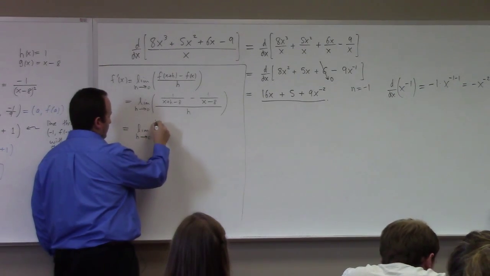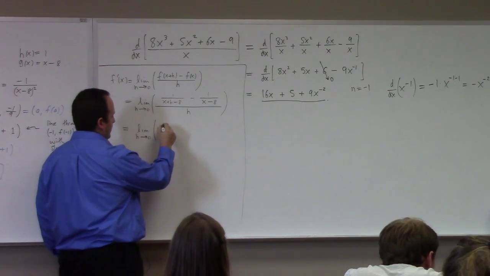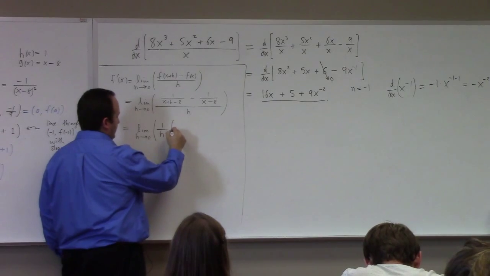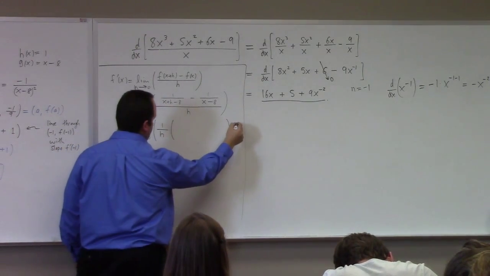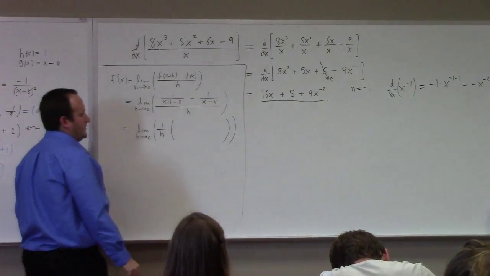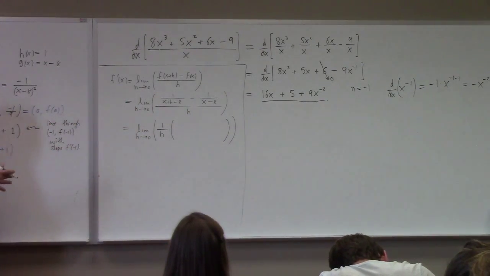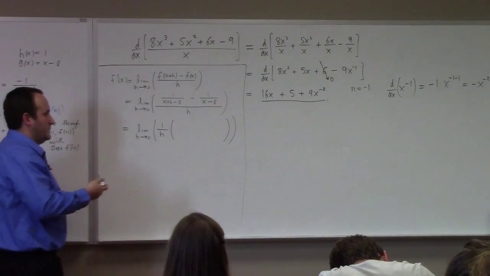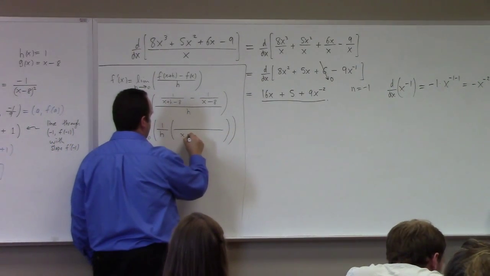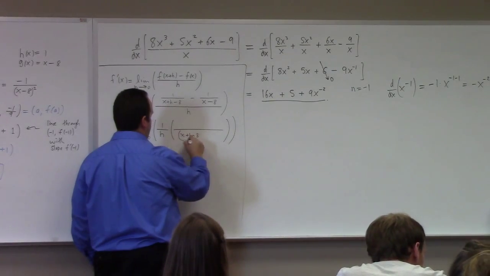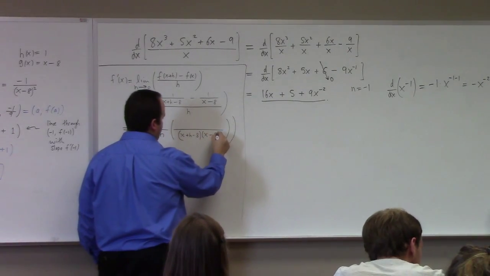So what do you do? I like to bring the 1 over h out front and just write it as 1 over h times a big thing. And so we just cross multiply, make a common denominator. So what do I have here? I'll do the denominator, the easy part: x plus h minus 8 times x minus 8. What goes upstairs?